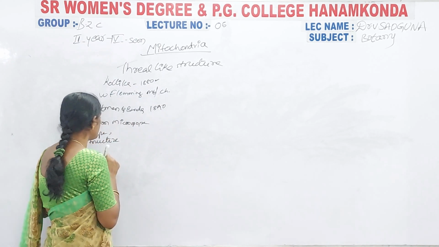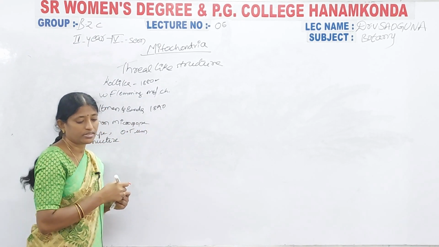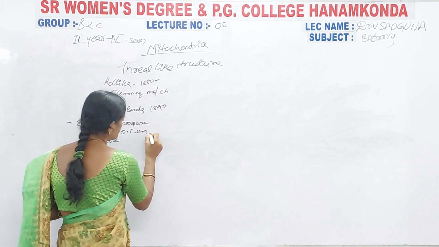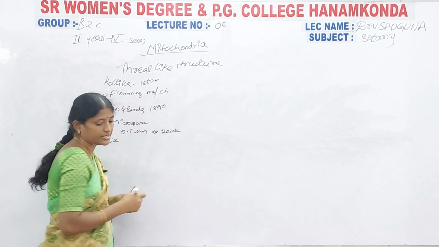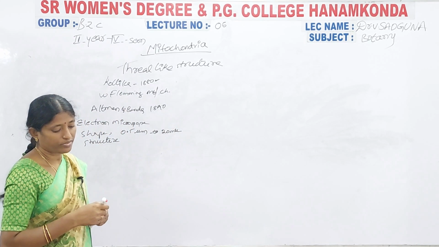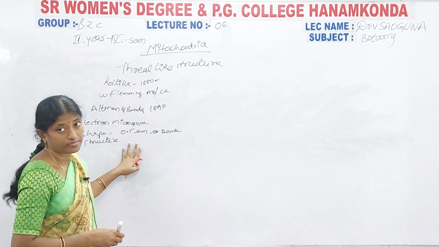The maximum size of the mitochondria is about 2 micrometers, seen under the microscopic section.